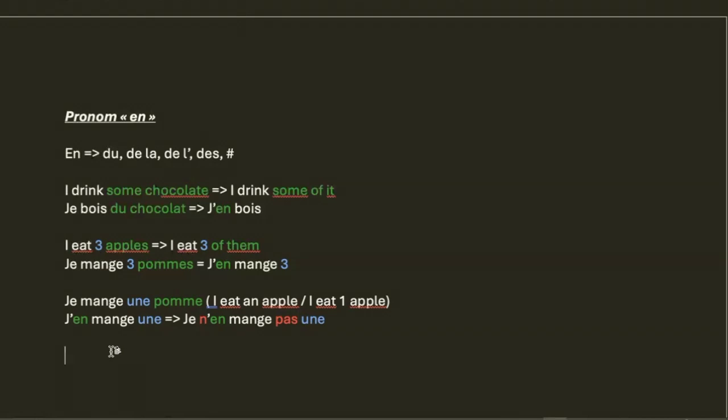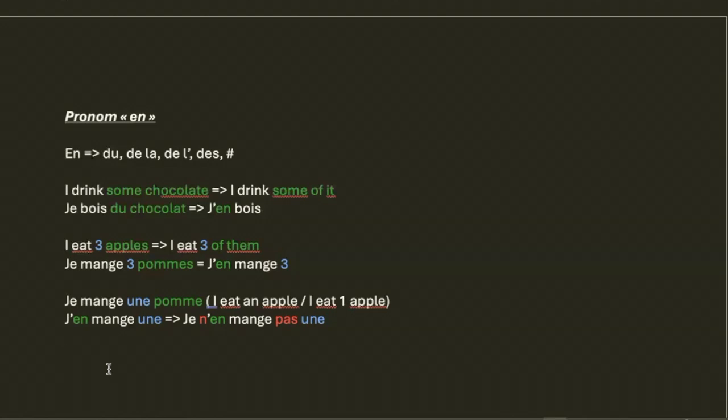Okay, so that's it for the pronoun. But we've seen a lot of pronouns now. Previously, we've seen the direct object pronoun, the indirect object pronoun, the y pronoun, the en pronoun. What happens if they are all in the same sentence? Which order are we going to put them in? So there's a rule for that. The pronouns that are the same in direct and indirect objects are going to be first: me, te, nous, vous.